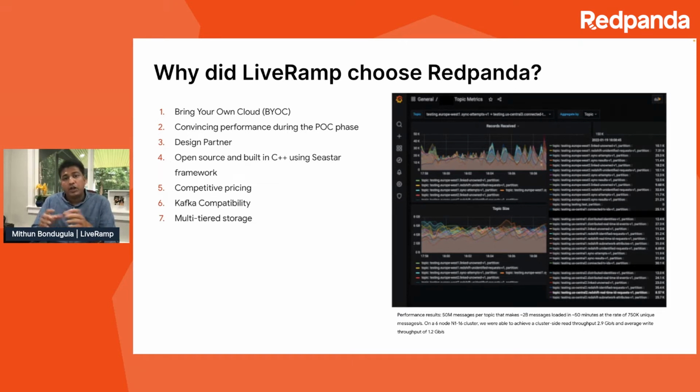On top of it, because we had such a good relationship during the POC phase, Redpanda was willing to work with us as a design partner. We were able to work on their features and roadmap, and there are a lot of our fingerprints on their features, especially on the bring your own cloud functionality.